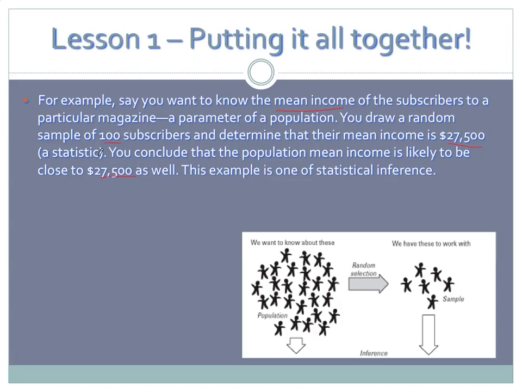This is our statistic. So we can make an inference that the population mean, the whole group, all of the subscribers to the magazine, their mean income is likely to be close to $27,500 as well. All right, so that's kind of how the sample and the population all work together.